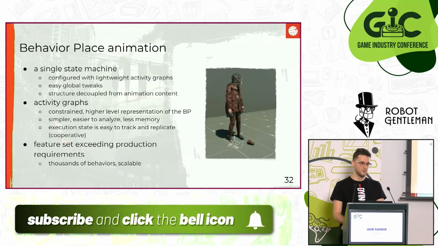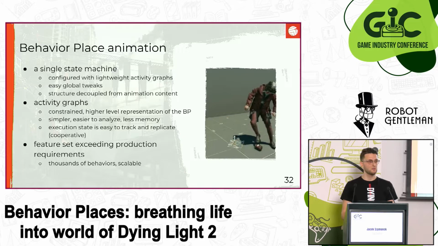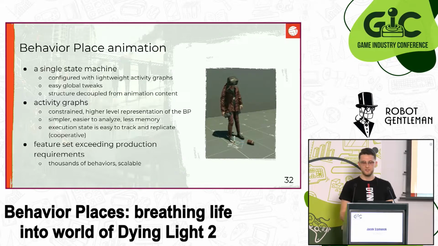So let's summarize this part of the talk. During production, we've managed to create a common animation state machine for all behavior places, which is configured with lightweight activity graphs. These graphs allow us to express the state machine on a higher level and to minimize the memory footprint. Also, traversing a common, simple structure is easier to track and to replicate to other network peers.